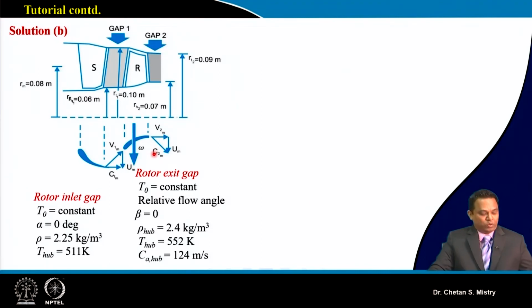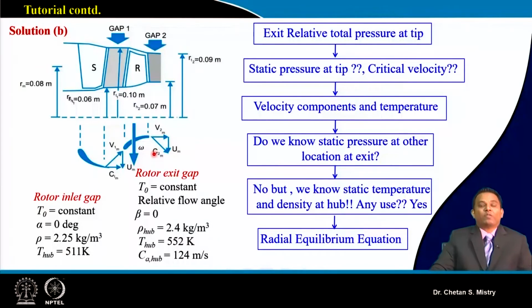Let's see what strategies we will use. It says my exit total pressure at the tip. We can calculate that if we have the static pressure at the tip. Do we know our critical velocity? These two things are not known to me.